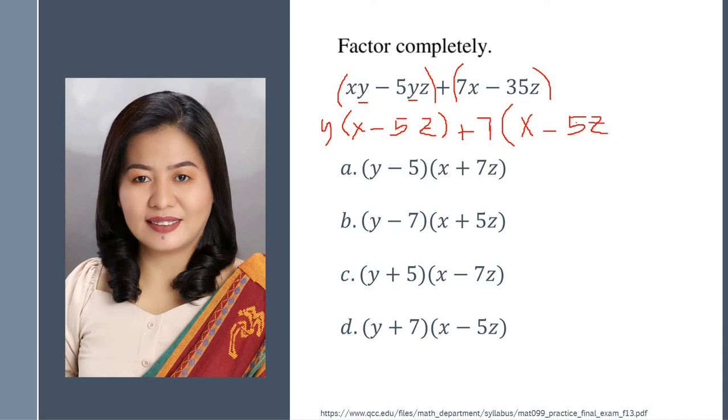So x minus 5z is common. You have to take out x minus 5z. So where's the x minus 5z here? X minus 5z is here. So let's try to see. You're left with y plus 7. So we have y plus 7 here. So that's option T.